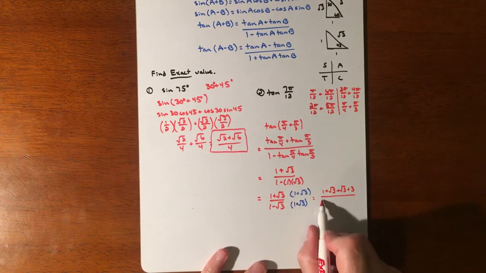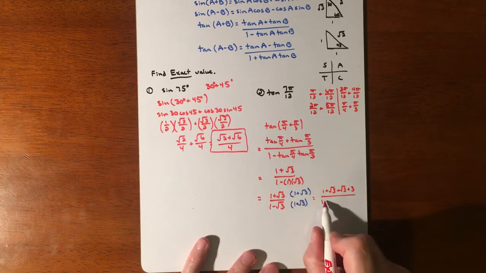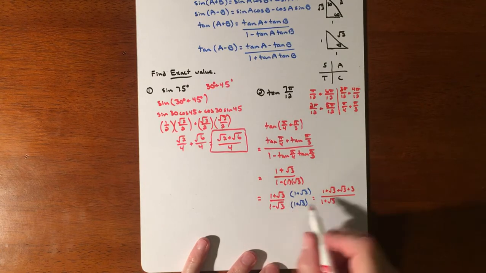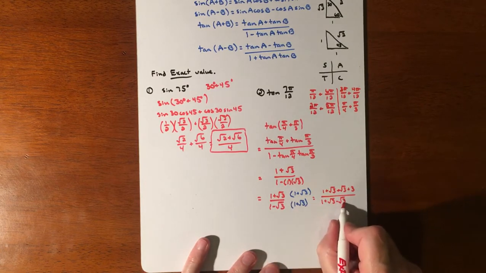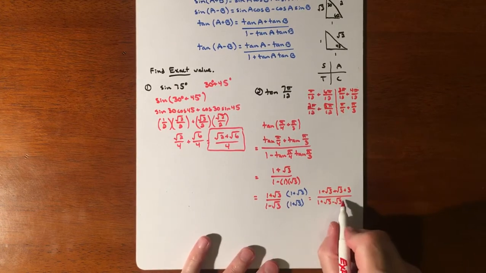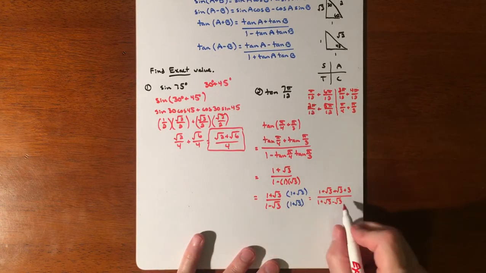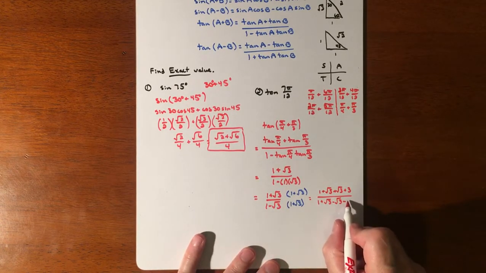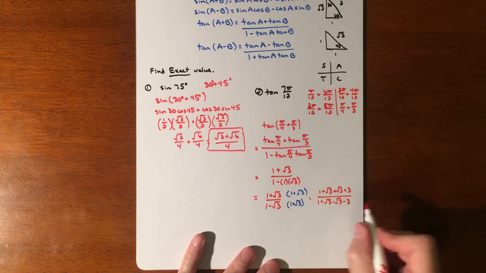The bottom, things are going to cancel, unlike multiplying on the top. So 1 times 1 is 1. 1 times root 3 is root 3. And then negative 1, root 3 times 1 is a negative root 3, which those are going to cancel. And then negative root 3 times root 3 is minus square root of 9, which is 3.